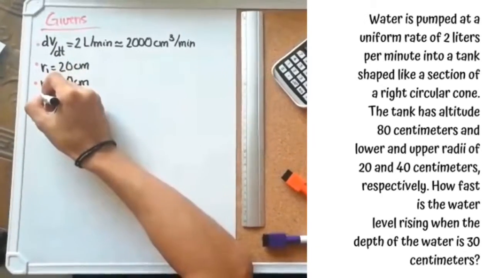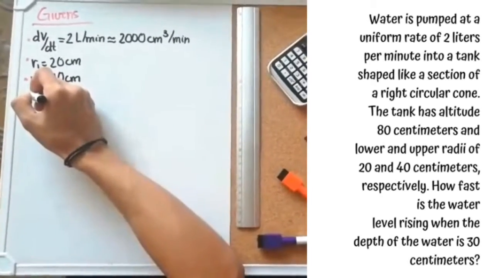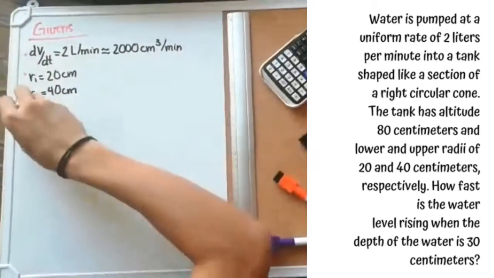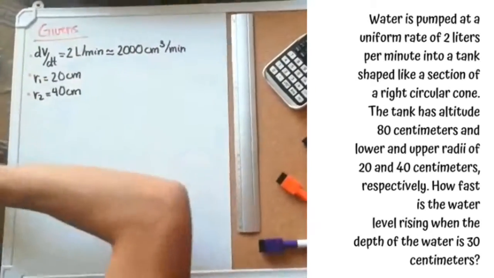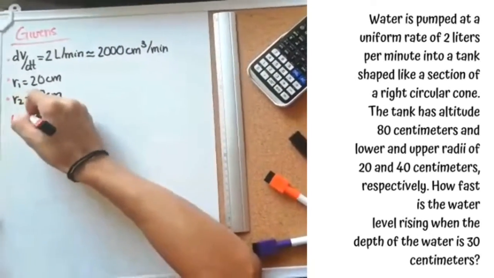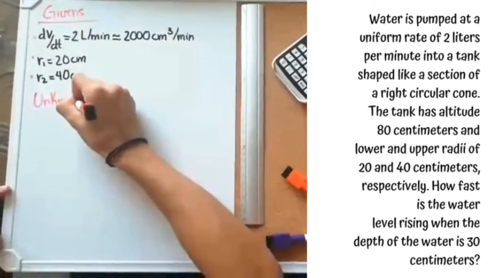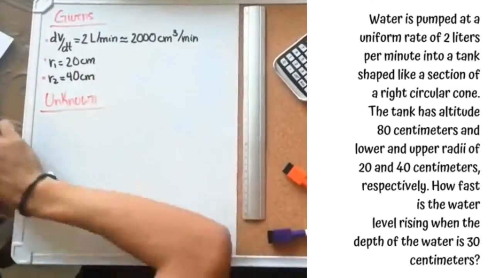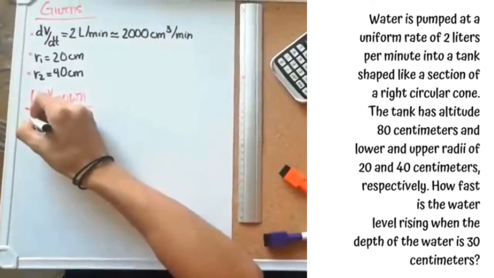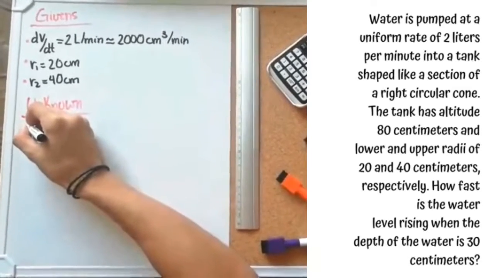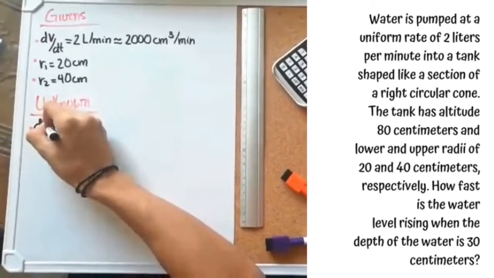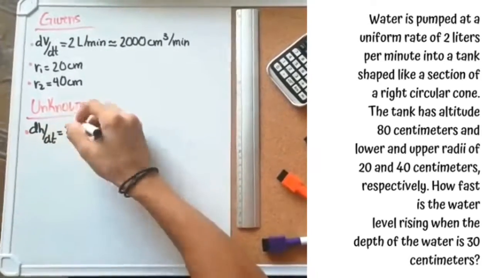R1 is 20 centimeters, R2 is 40 centimeters. Recall that we must work with the same SI unit. Our unknown is the rate of the water level rising when the depth of the water is 30 centimeters.